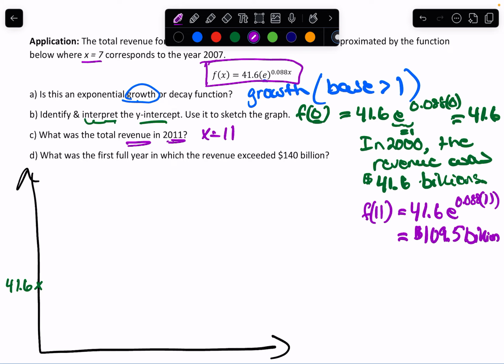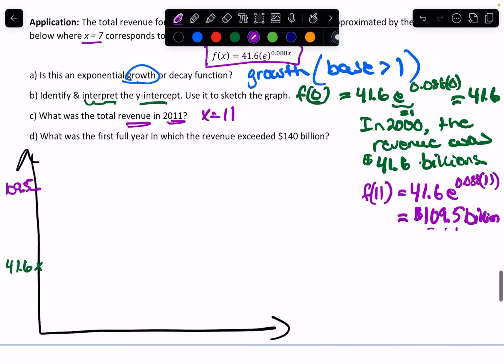What we're doing here is we're going to plug this number in here also. So we're going to say that 109.5 is somewhere here. Okay, we need to start doing the x-axis. What we're going to do is we're going to start with the year 2000, and that's when the revenue was 41.6 billion.